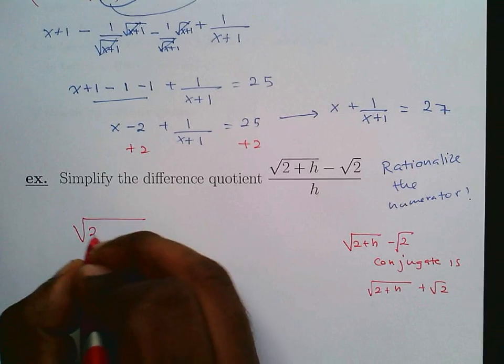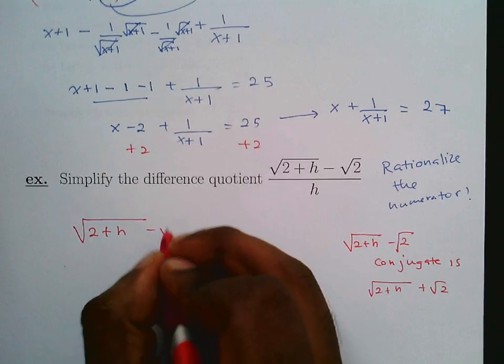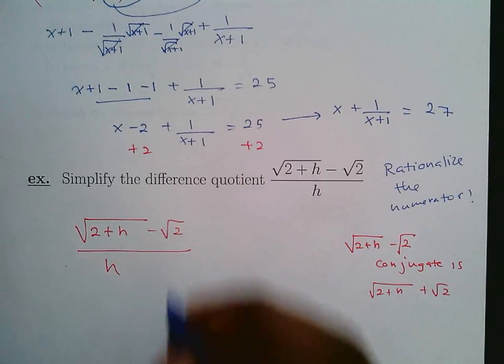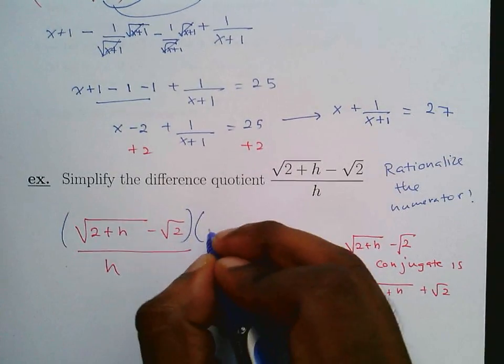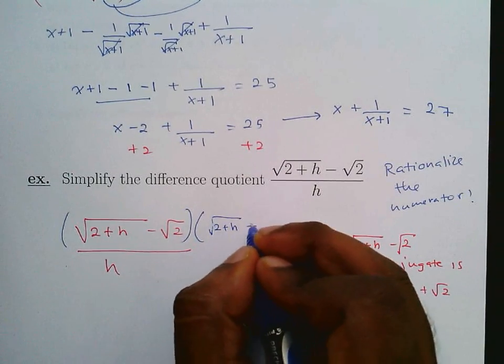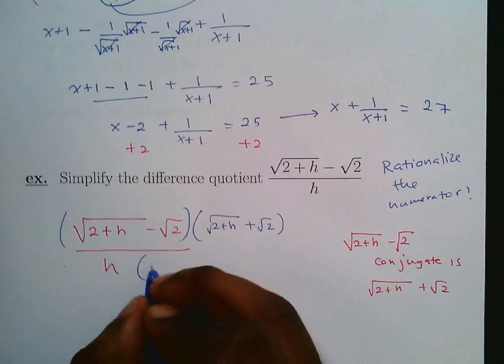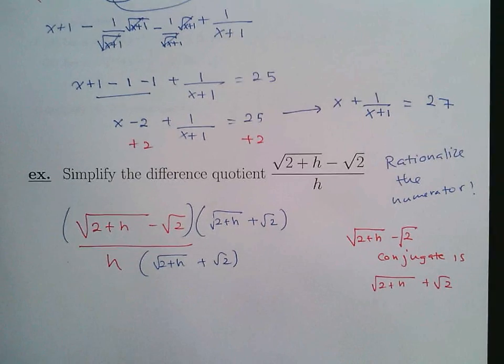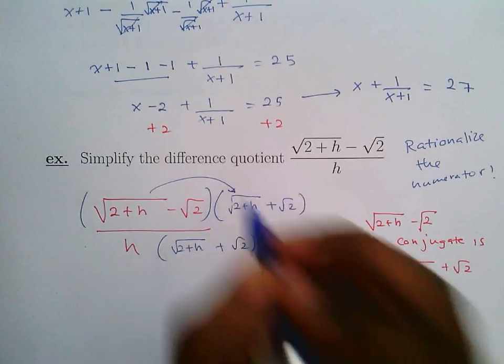So square root of 2 plus h minus root 2 over h, you multiply by the conjugate, square root of 2 plus h plus root 2. And then yes, if you can, of course FOIL it.